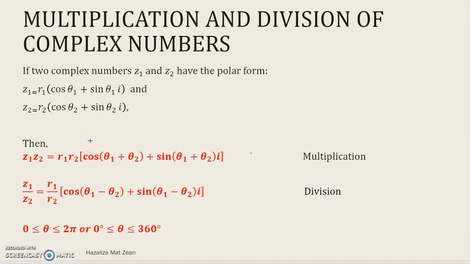Assalamualaikum. So this is the second part of polar form of complex numbers. We're going to discuss how to multiply and divide two complex numbers in their polar forms.